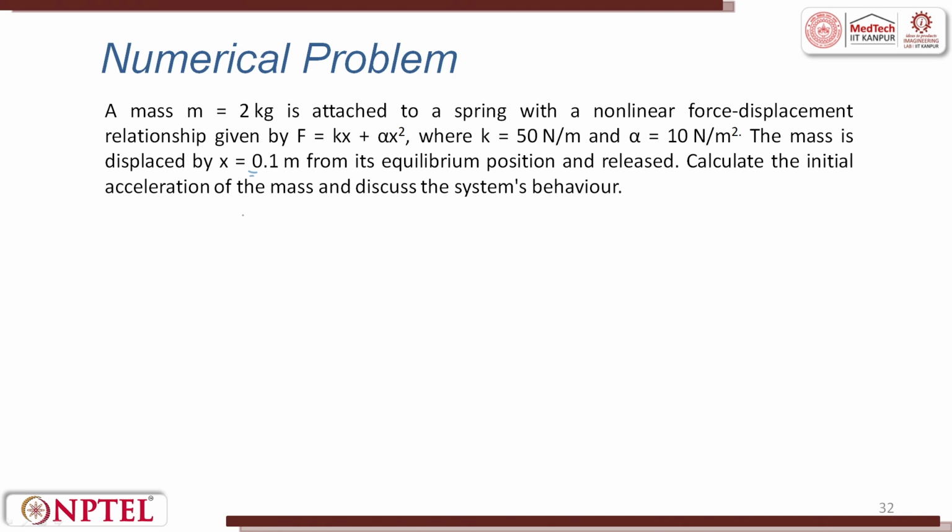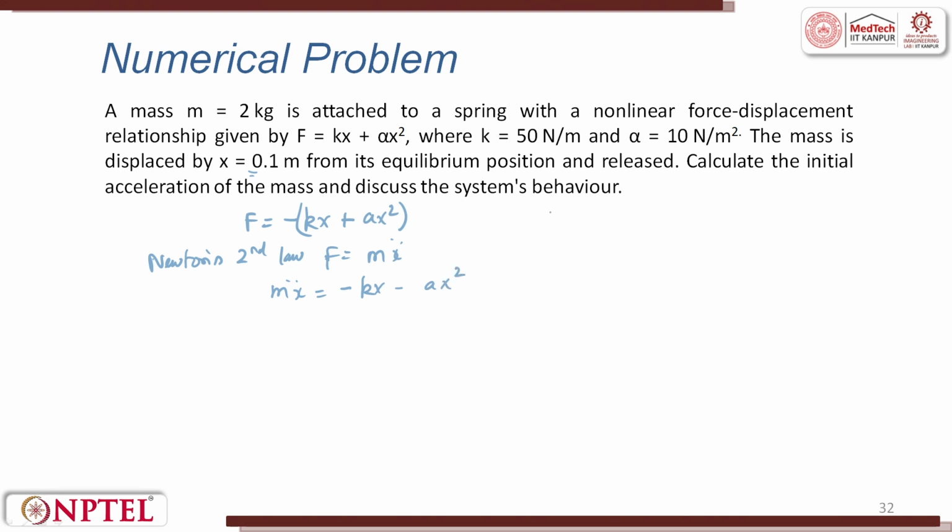So, the equation which is given is F equal to minus (kx plus ax square). Okay. Newton's second law: F equal to m x double dot. So, now m x double dot equal to minus kx minus ax square.